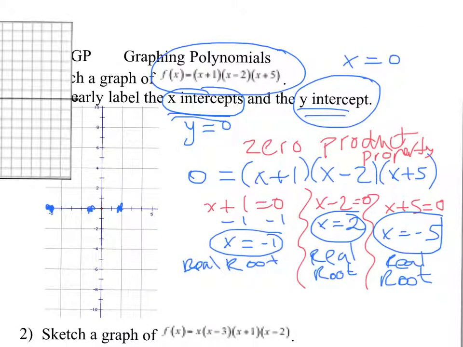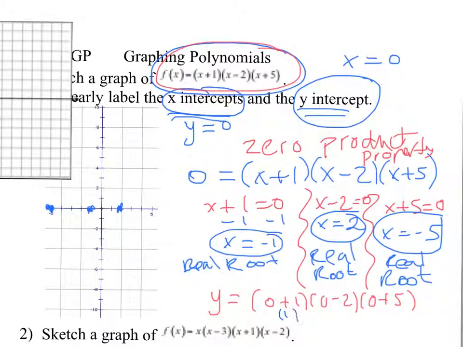Now to find my y-intercept, I let x = 0, so I just plug it into the equation. I'm going to say y is equal to, and for every x I'm going to put a 0. So (0 + 1)(0 - 2)(0 + 5), which results in 1 times -2 times 5.